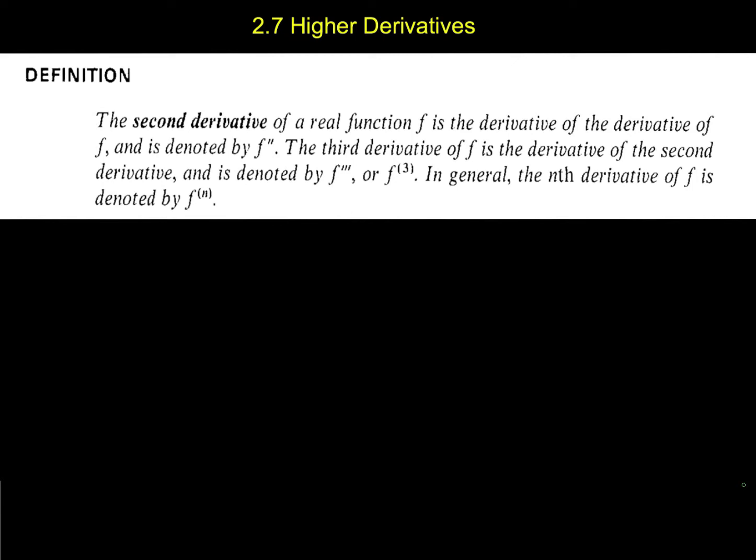So a second derivative is the derivative of f', and if we're using prime notation, we denote it with the double prime notation as we see here. So we've got f double prime.